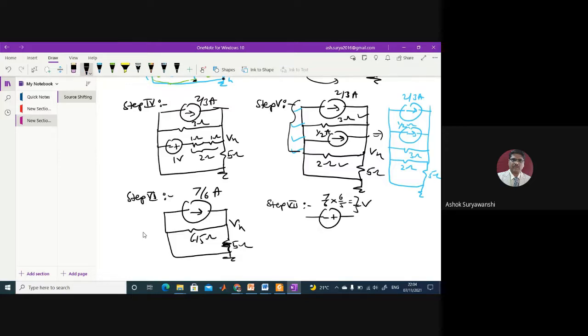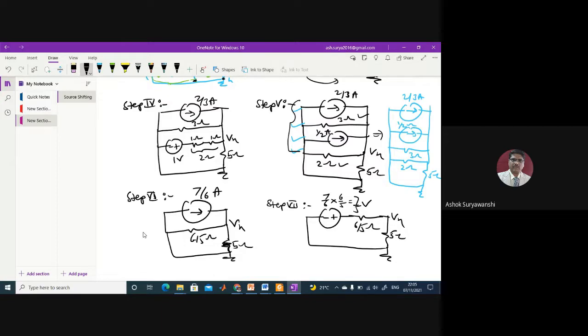And then this 6 by 5 will come in series, and then this 5 ohm, upper is Vx, lower is ground.